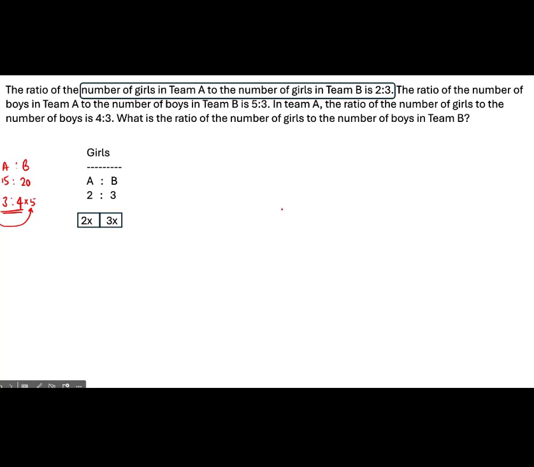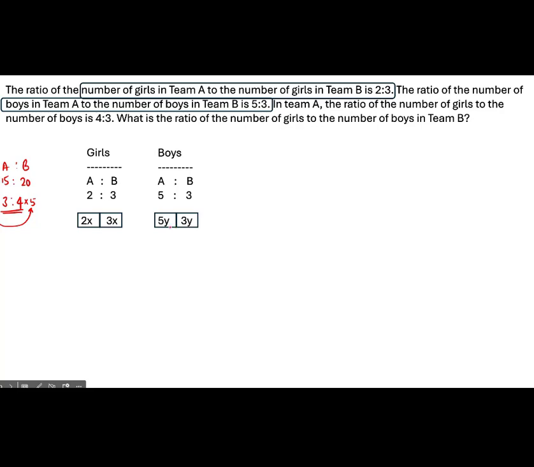Now, the second statement is that the ratio of the number of boys in team A to the number of boys in team B is 5:3. So we record that as well, and this again can be recorded as 5y and 3y.